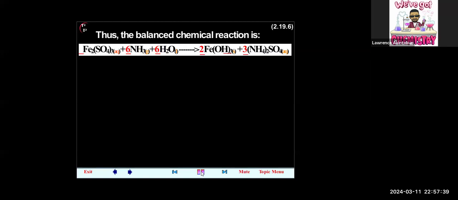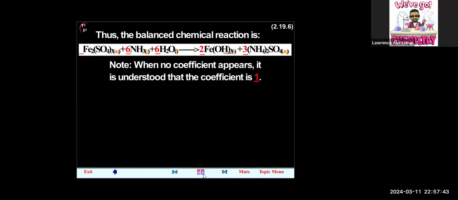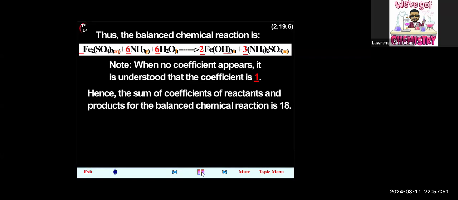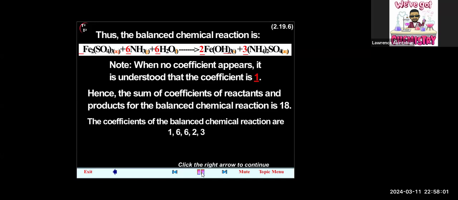Thus, the balanced chemical reaction is, note, when no coefficient appears, it is understood that the coefficient is 1. Hence, the sum of coefficient products for the balanced chemical reaction is 18.